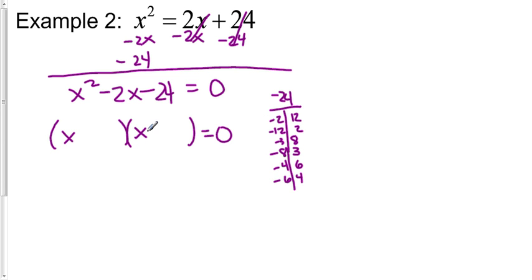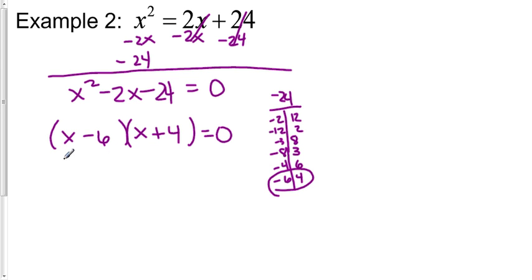Do I have any that add up to negative 2? That would give me a negative 2x in the middle term here. Well, negative 6 plus 4 is negative 2, and so these are the two numbers that I want to use. Negative 6 times positive 4 will give me negative 24, and when you add them up, you're going to get negative 2x. I'll have a negative 6x, positive 4x. So we've got my two factors.